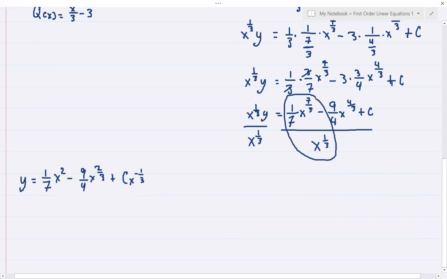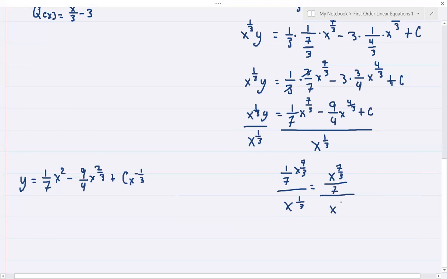Let's divide 1 all over 7 x raised to 7 third all over x raised to 1 third. So this one, we can rewrite this as x raised to 7 third all over 7 all over x raised to 1 third. Then, we will reciprocate.